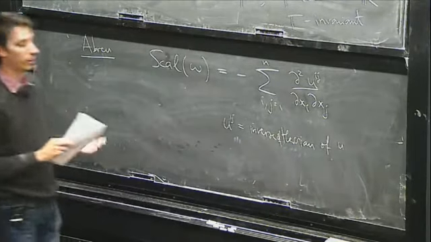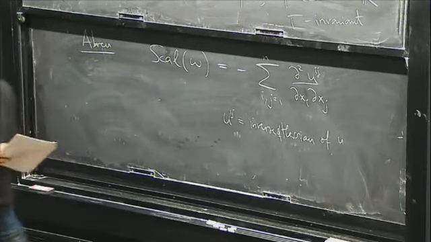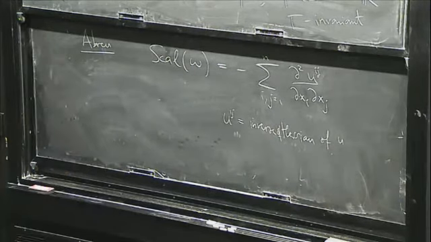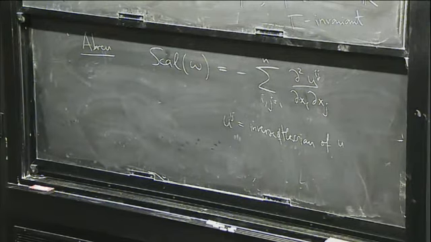Okay, so inverse of the Hessian of u. You take two derivatives and then trace over the indices. So it's a fourth order operator, but it has a very nice form.